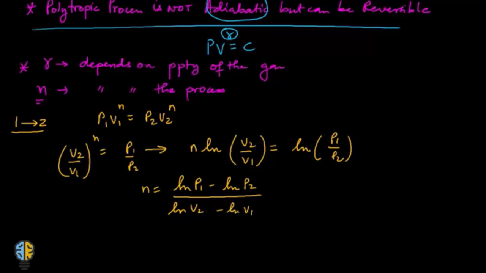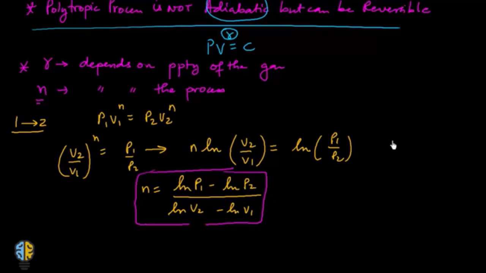This is an equation that can be used to find the value of n, the polytropic index. If I know the values of P1, P2, V1 and V2, n can be calculated, or correctly speaking, estimated from this relation.